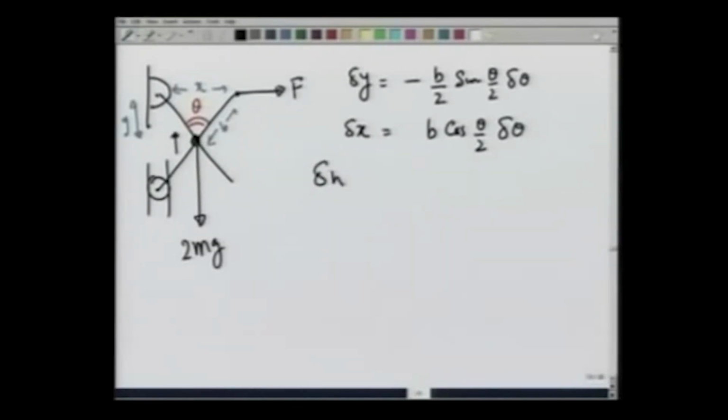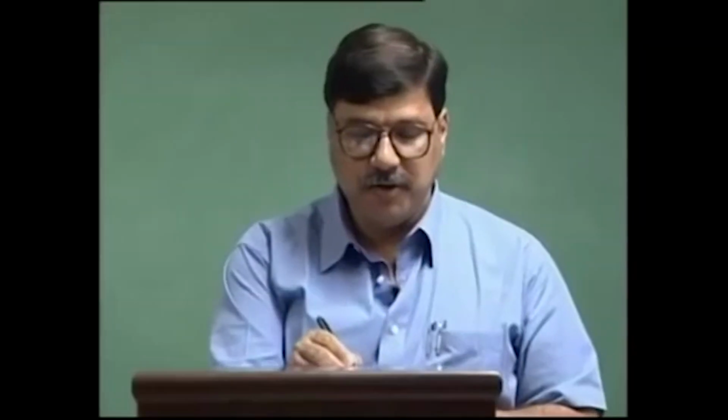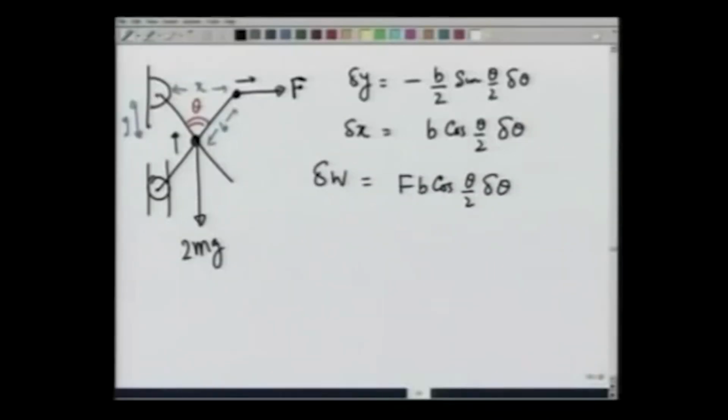So, delta W is going to be equal to the virtual work done by force F. Since x has increased by b cosine theta by 2 delta theta, work done by F is going to be F b cosine of theta by 2 delta theta, positive because the point here has moved in the same direction as the force, and the work done by the force mg or the weight is going to be minus 2 mg b over 2 sine of theta by 2 delta theta, and this should be 0.